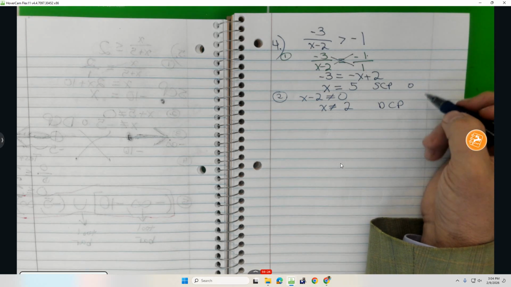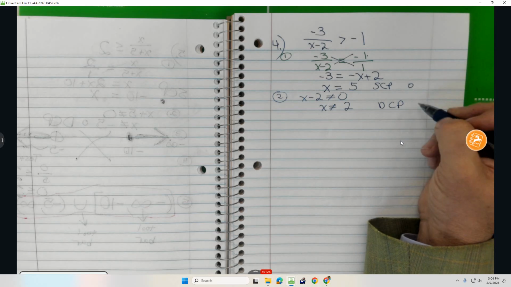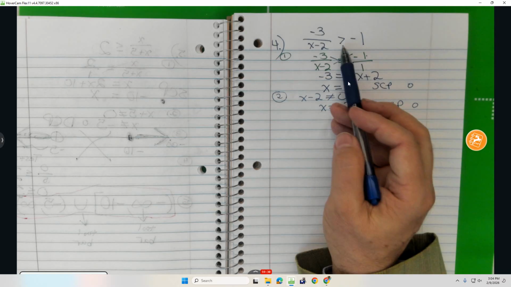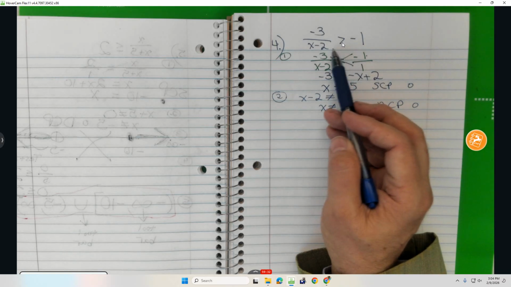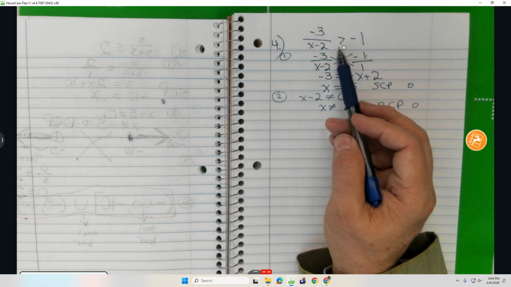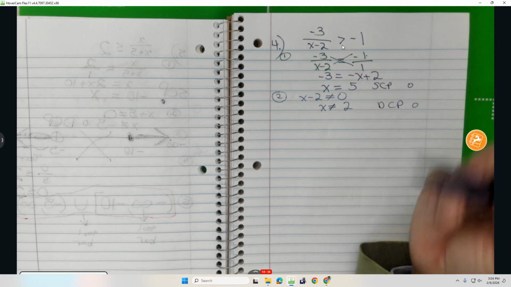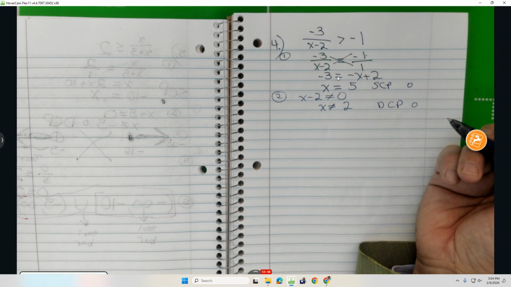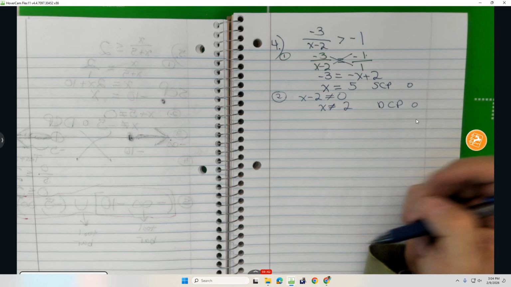How will I label that? Denominator cut points are always open. The solution cut point, we looked at that and there was no equality. Remember I said if there's no equality bar, then the only sort of circles you can have on your number line are open circles.